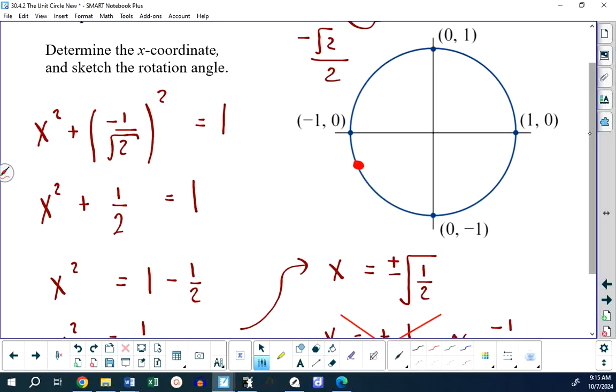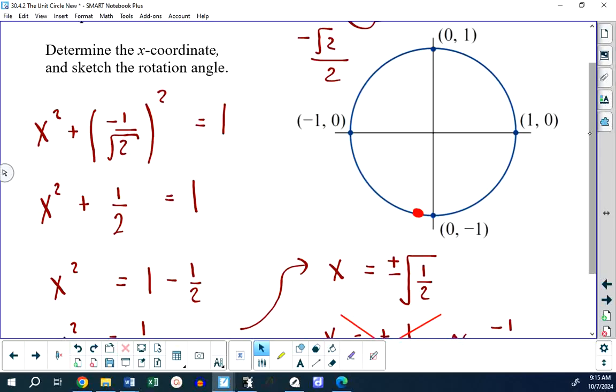The x coordinate is quite a big negative number, and the y coordinate is a smaller negative number, looking at the size of the number, not the direction. And I hope you would agree that over here, it's out of balance as well. That tells you that whenever you see either an x or a y coordinate that's 1 over root 2, or negative 1 over root 2, or root 2 over 2, or negative root 2 over 2, you're going to be talking about a 45-degree reference angle.